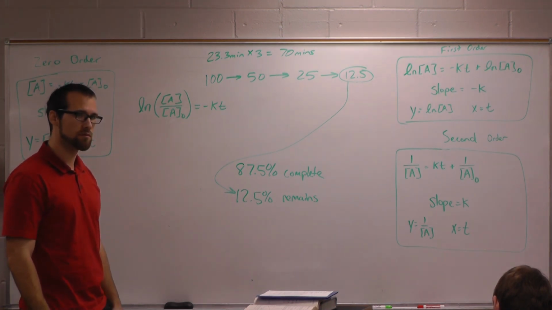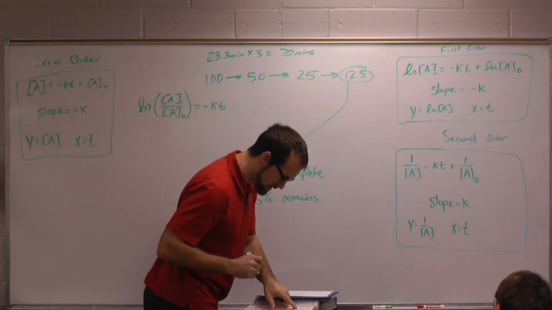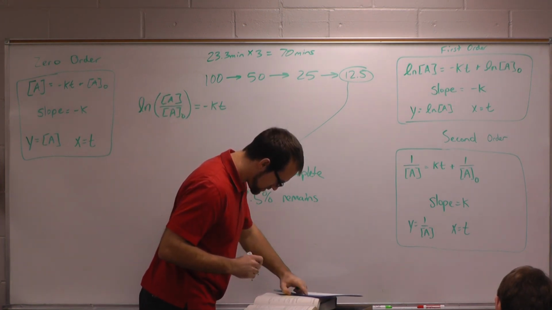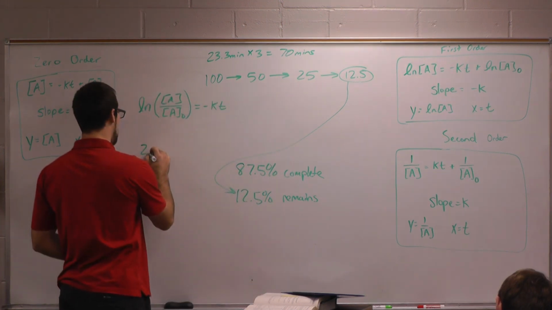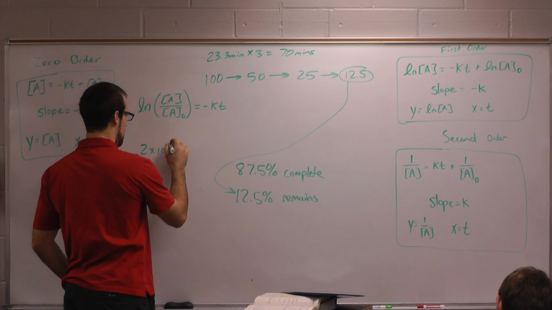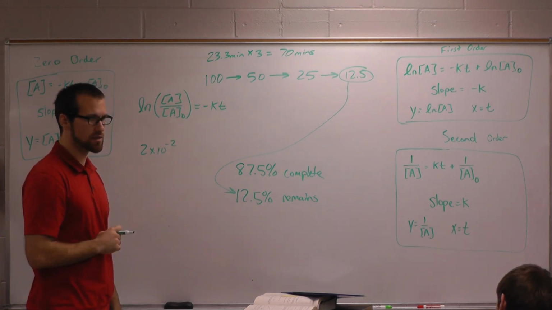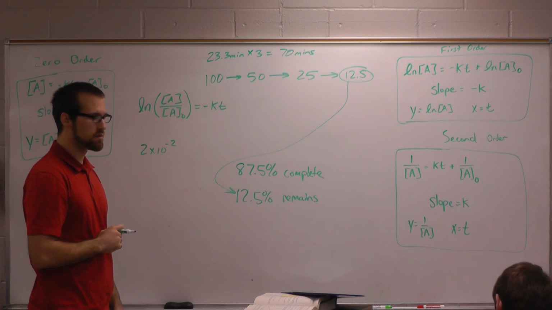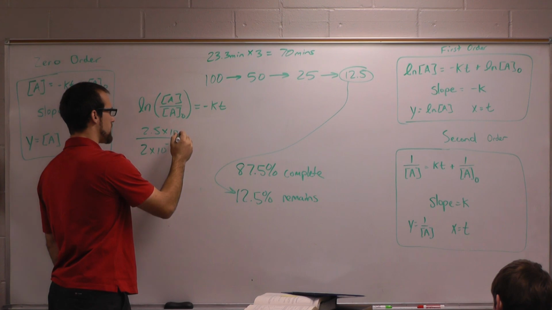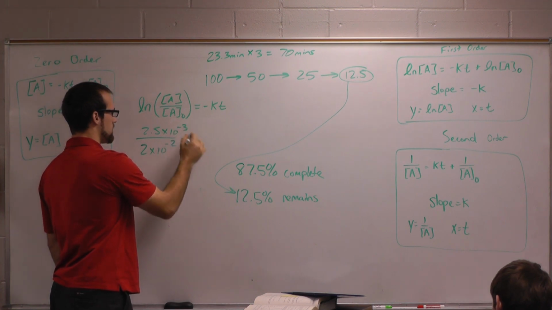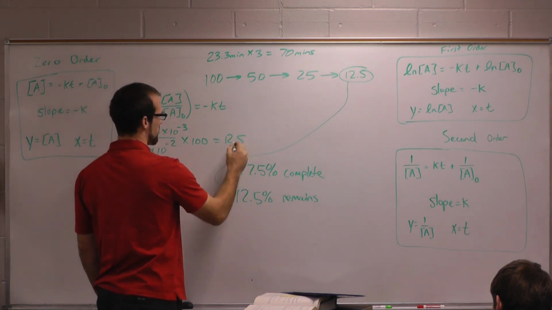So how did you do this 1/8? In the problem it says, what was your starting concentration? 2 times 10 to the what? Okay, and what's the new concentration? 2.5 times 10 to the, so times 100, that should give you, I'm guessing, 12.5.